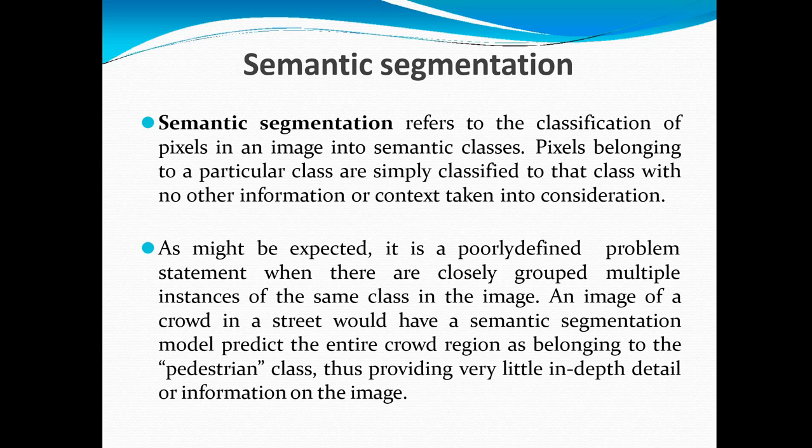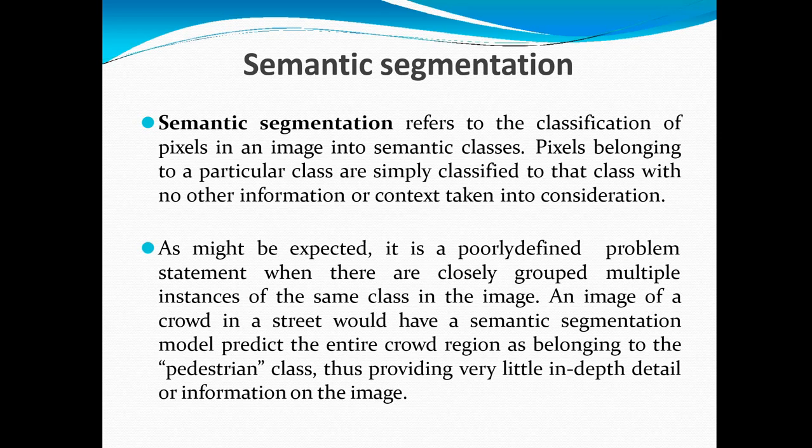Semantic segmentation refers to the classification of pixels in an image into semantic classes. Pixels belonging to a particular class are simply classified to that class with no other information or context taken into consideration.